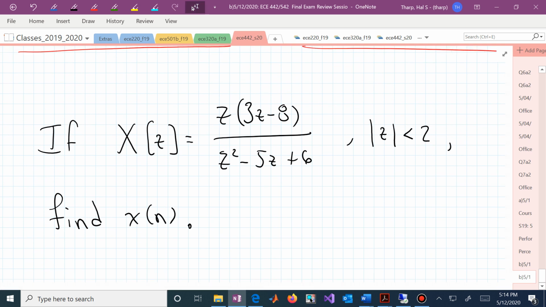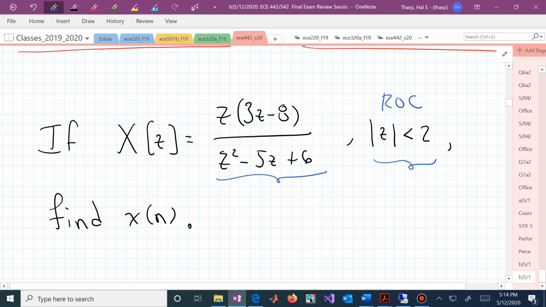Suppose somebody now gives you a transform expression, capital X of z, and they say, here's your region of convergence, and I now want you to find the time sequence. Now is when you need to remember what's happening. This particular region of convergence has z values less than the smallest pole.